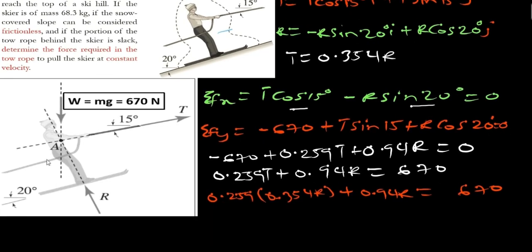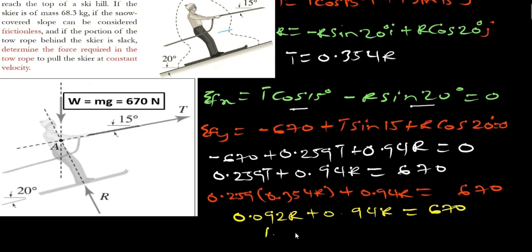I'm going to multiply these two and then add it to this. 0.259 times 0.354 gives me 0.091686, so let me make it 0.092. That gives me 0.092 R plus 0.94 R equals 670. So 0.092 plus 0.94 gave me 1.032.